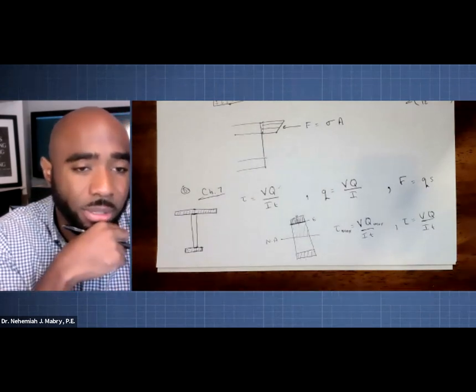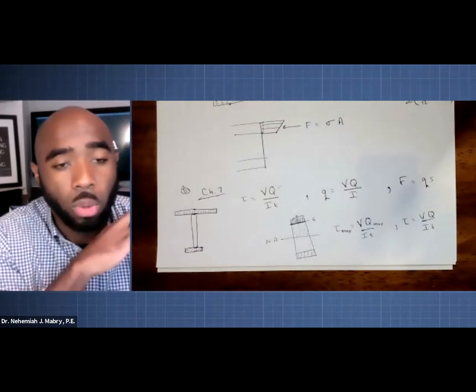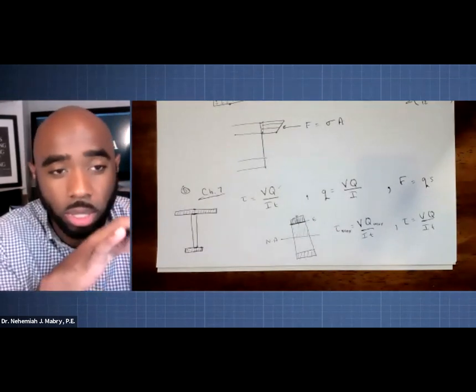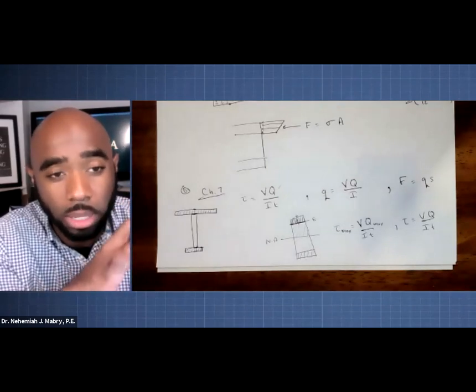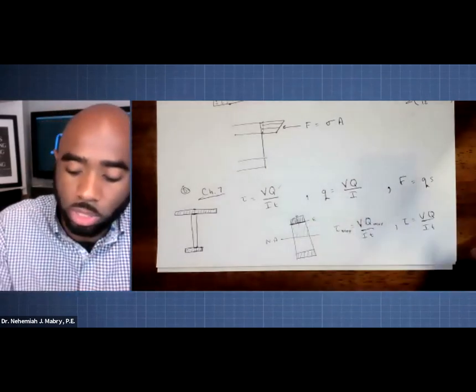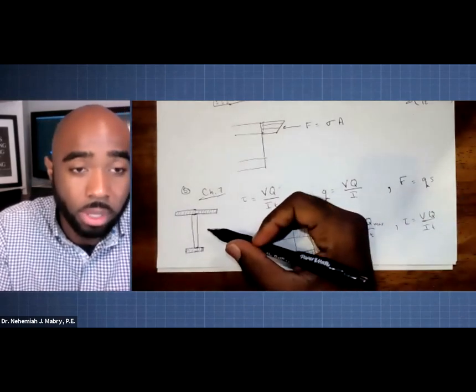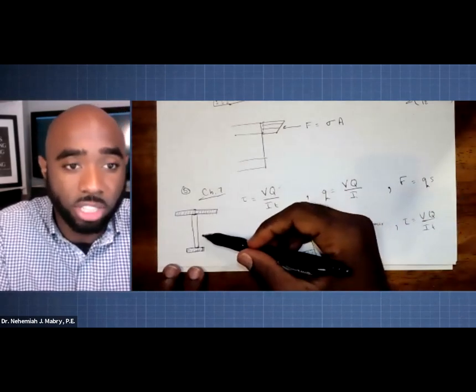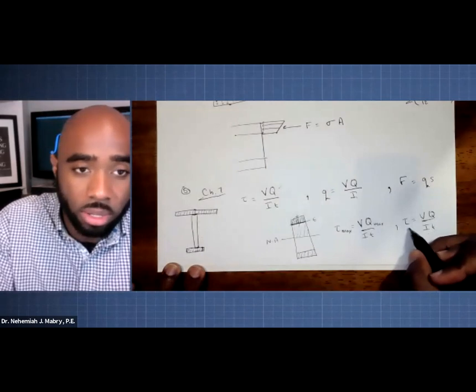Or the decreased nail spacing and all that. Well, I just want to put it out there that there are ways you can maybe assume, but if you want to do both of them, you would do this equation here for both of them, and then you would take the higher shear, the higher value here.